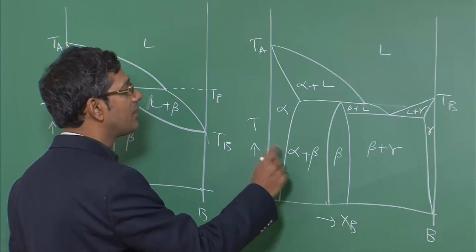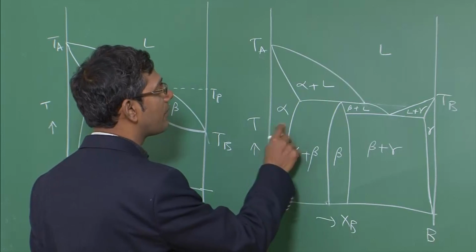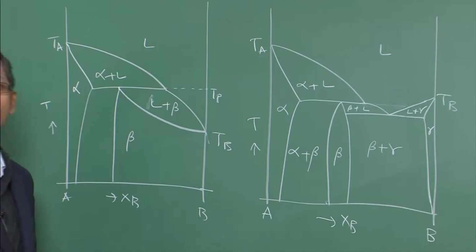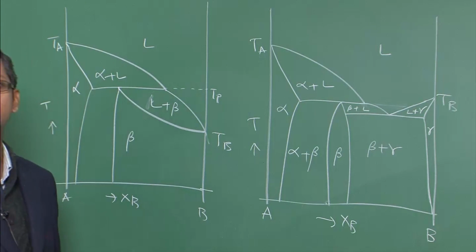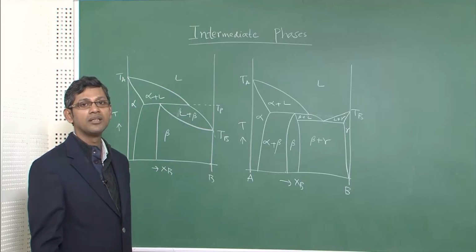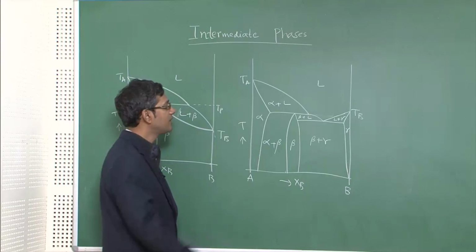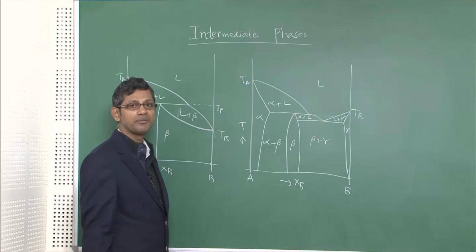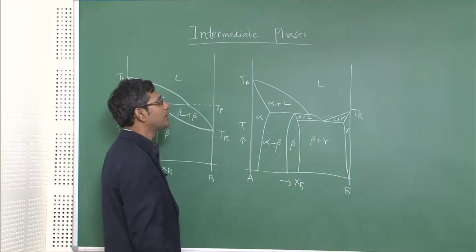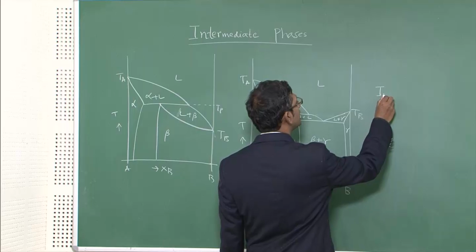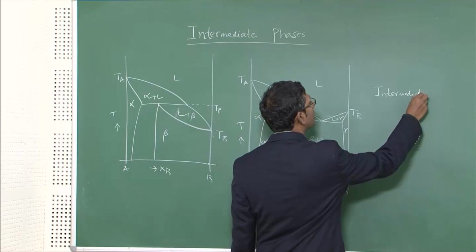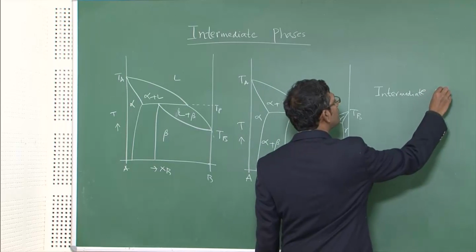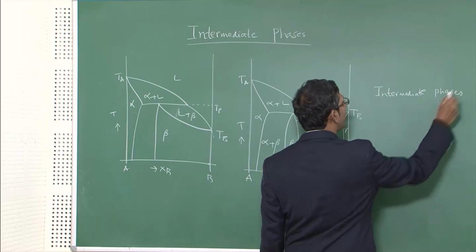The beta comes at intermediate compositions of alpha and gamma, and that is why it is called an intermediate phase. And because it does not have a fixed stoichiometric composition like sodium chloride, potassium chloride or any other compounds, it is called an intermediate phase. Okay. So, intermediate phase means its composition lies intermediate of two solutions at the ends.